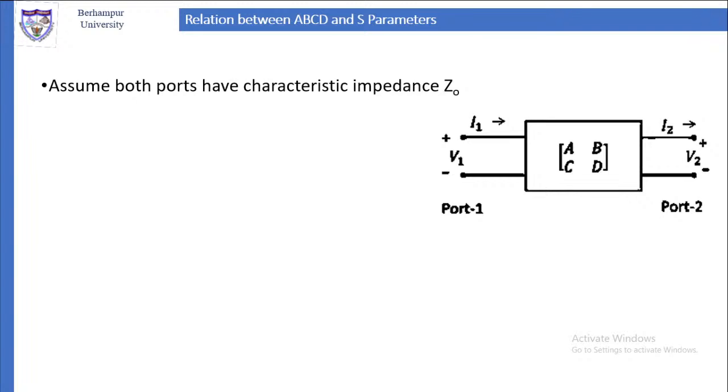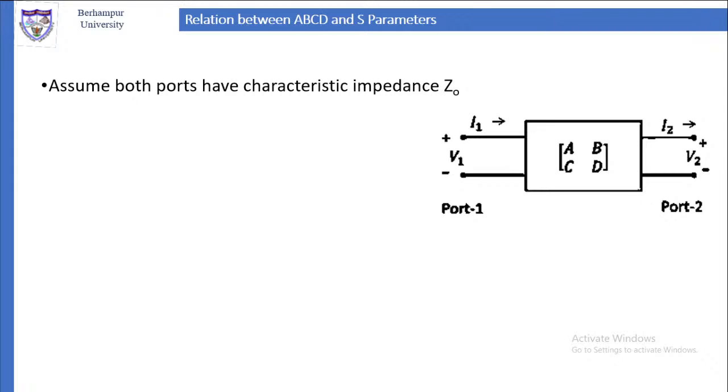If you have two networks, then simply multiply their ABCD matrices to get the resulting ABCD matrix. This is the advantage of ABCD parameters that we use in analysis or design of microwave circuits, because if you have two networks, you can just simply multiply them to get the resulting network.